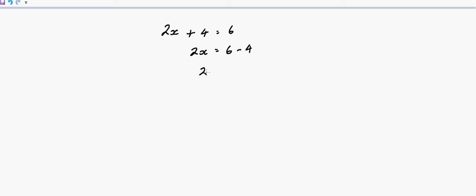So 2x equals 6 minus 4 is 2, so x must equal 1. Okay, you should know that. If you don't, you should be studying Spanish.